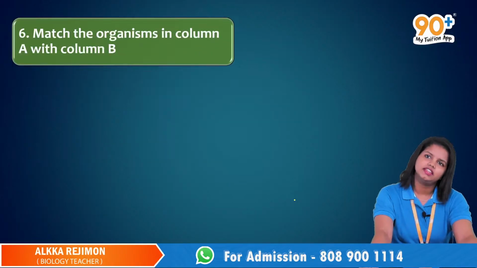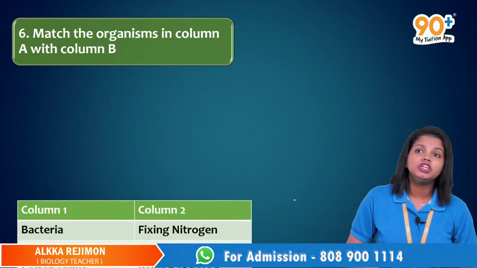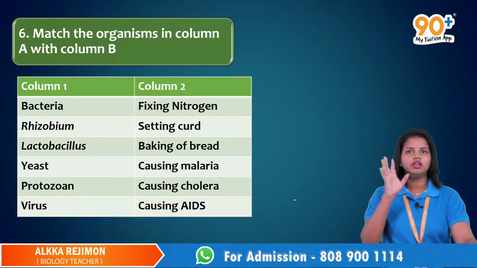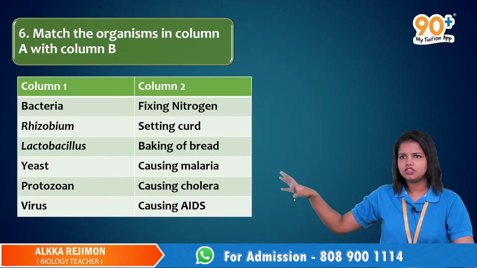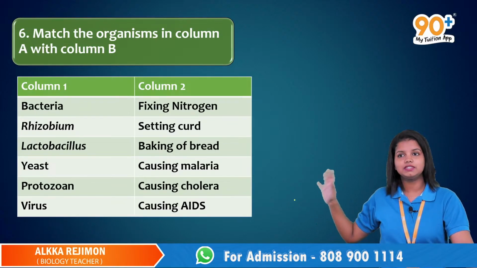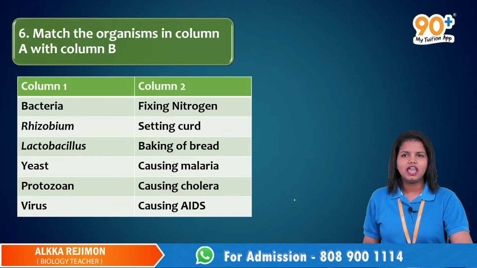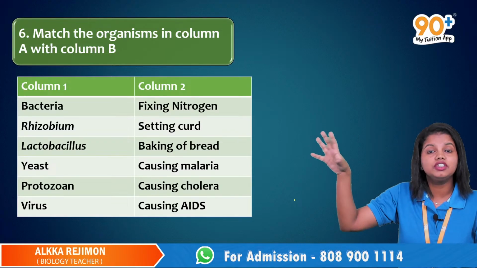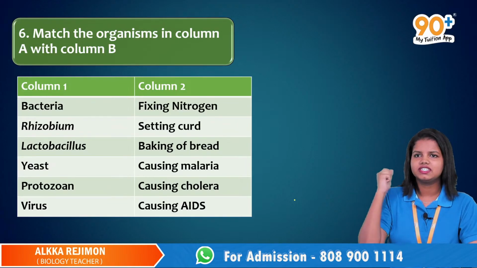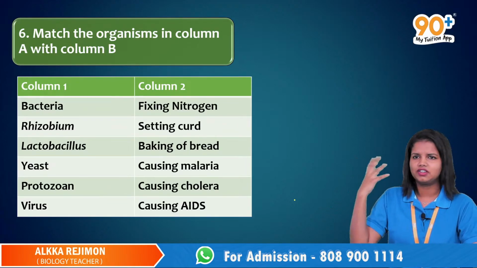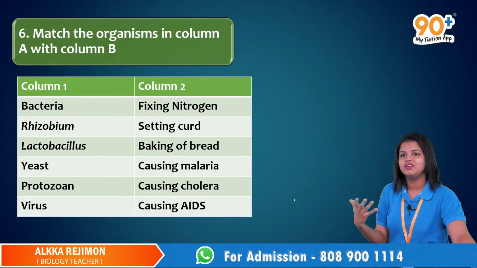Let's discuss another one. So here you need to match column 1 with column 2. In the first column you have bacteria, rhizobium, lactobacillus, yeast, protozoans and virus. And you have several uses or purposes of these microbes: fixing nitrogen, setting curd, baking bread, causing malaria, causing cholera, causing AIDS.